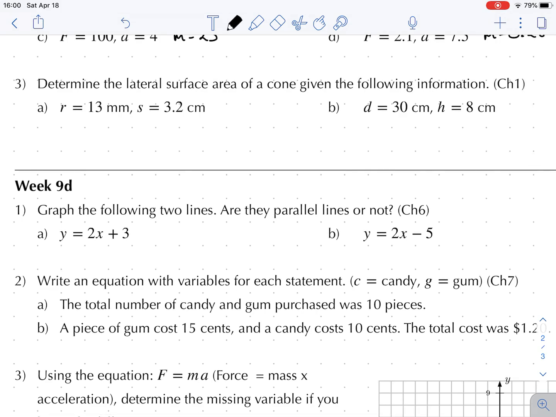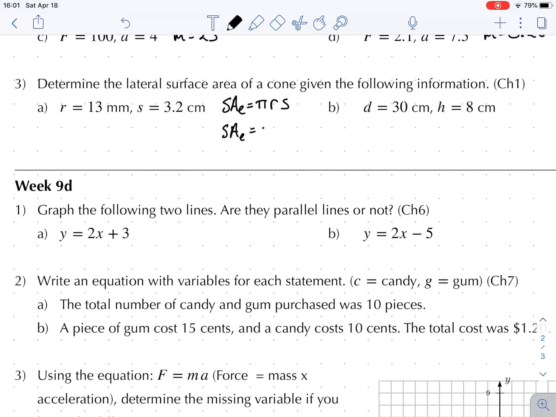All right. Question 3, determine the lateral surface area of a cone given the following information. We need to remember the lateral surface area of a cone is equal to pi times the radius times the slant height. The cone bottom is not included. The cone bottom would be a pi r squared, which we would add on, but that's not included here.